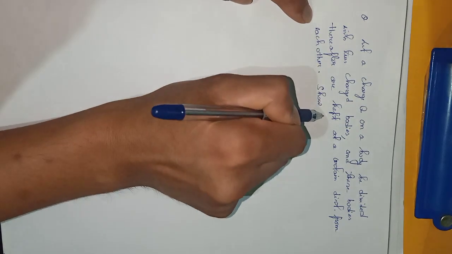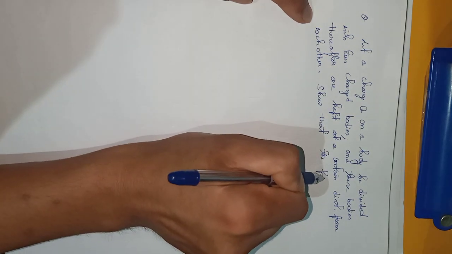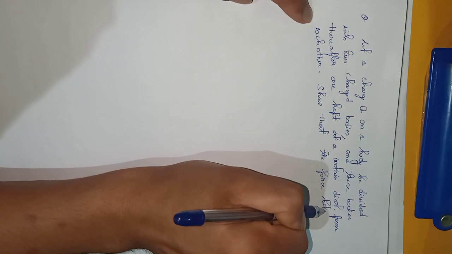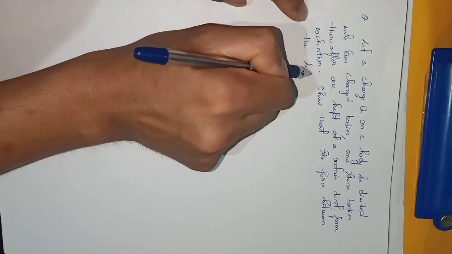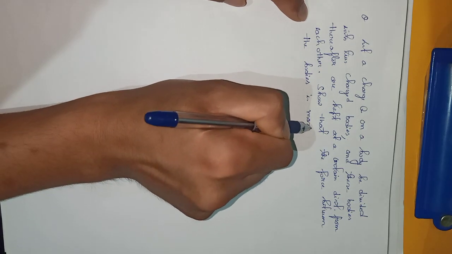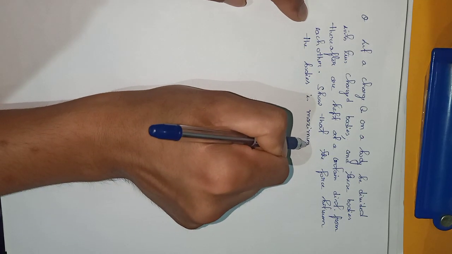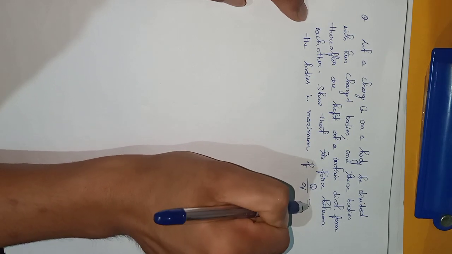Show that the force between the bodies is maximum if Q by q is equal to 2.